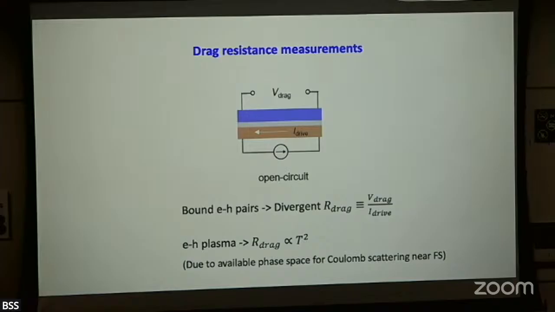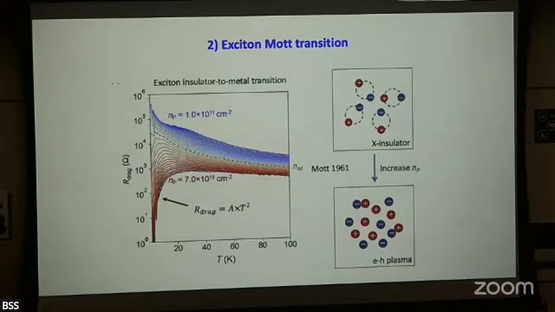In this case, we just open circuit the hole layer and we drive the electron layer. Then the resistance is the voltage developed on that open circuit divided by the drive current. If we just have electron-hole plasma, then Coulomb frictional drag goes like T squared. And this is how it looks. We change the VB, which changes the pair density.